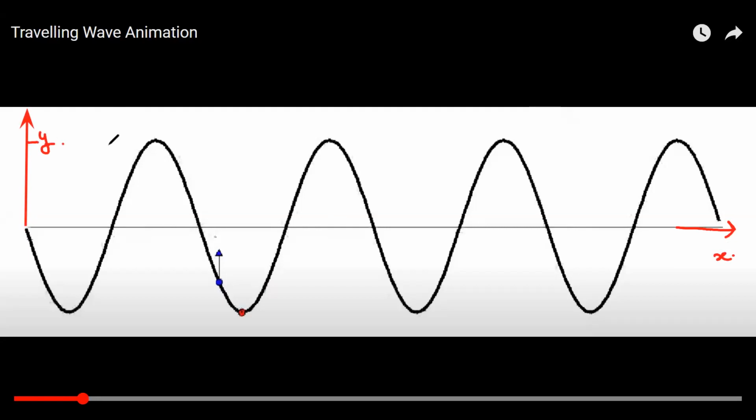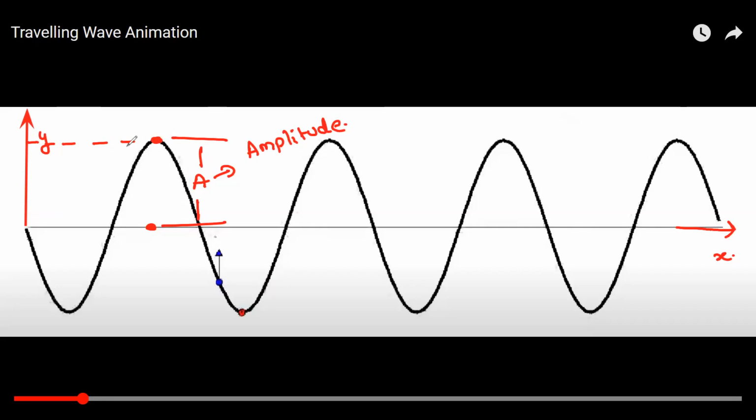This length from here to here is A, which is nothing but amplitude. Is it clear, everyone? See, this is the maximum point on a wave. So the distance of the maximum point from the x-axis is amplitude.